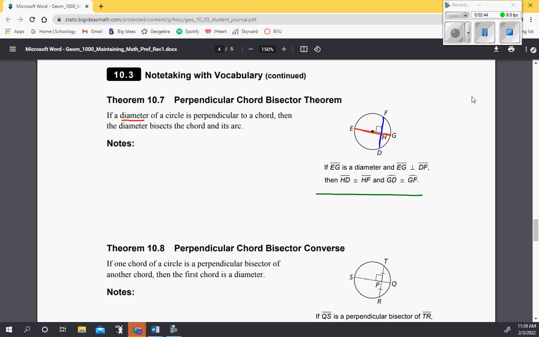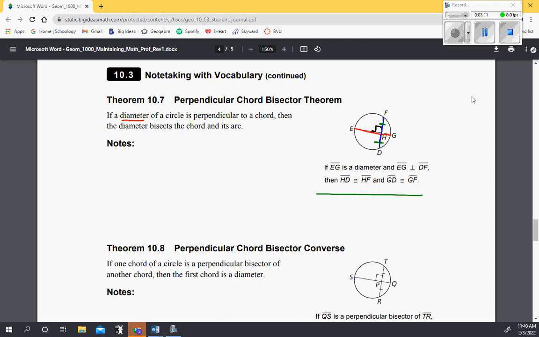It is, because we have a 90-degree angle here, so it is perpendicular. Then HD is congruent to HF. HD is congruent to HF. It splits it in half. So if it's perpendicular to the diameter, then the chord is split into two halves.